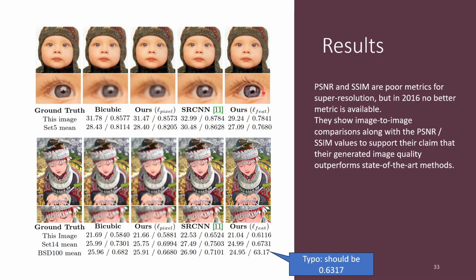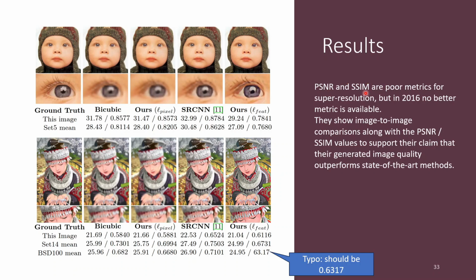Okay, however, here let's see two metrics used in that year. They are PSNR and SSIM. PSNR is peak signal to noise ratio, and SSIM means structure similarity.